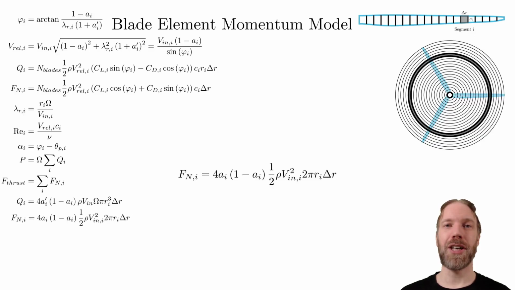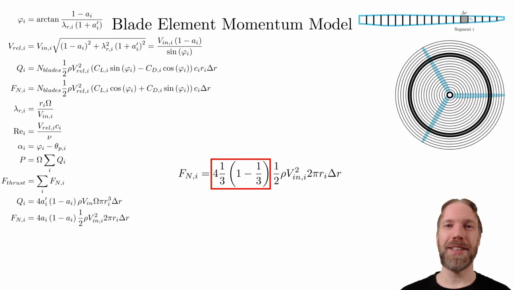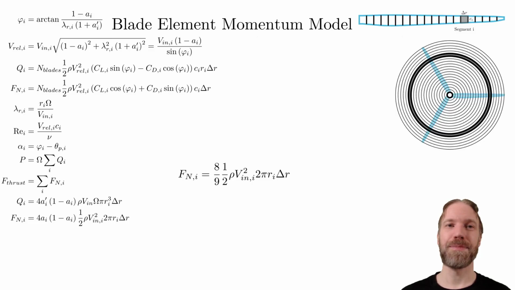Now we are going to start by deriving a simplified expression for the optimal chord. We will make the assumption that optimal performance is achieved at the same actual induction factor that gave the best performance in the Betz theory, which is 1/3. We remember from the previous video that this gave the optimal thrust coefficient 8/9.